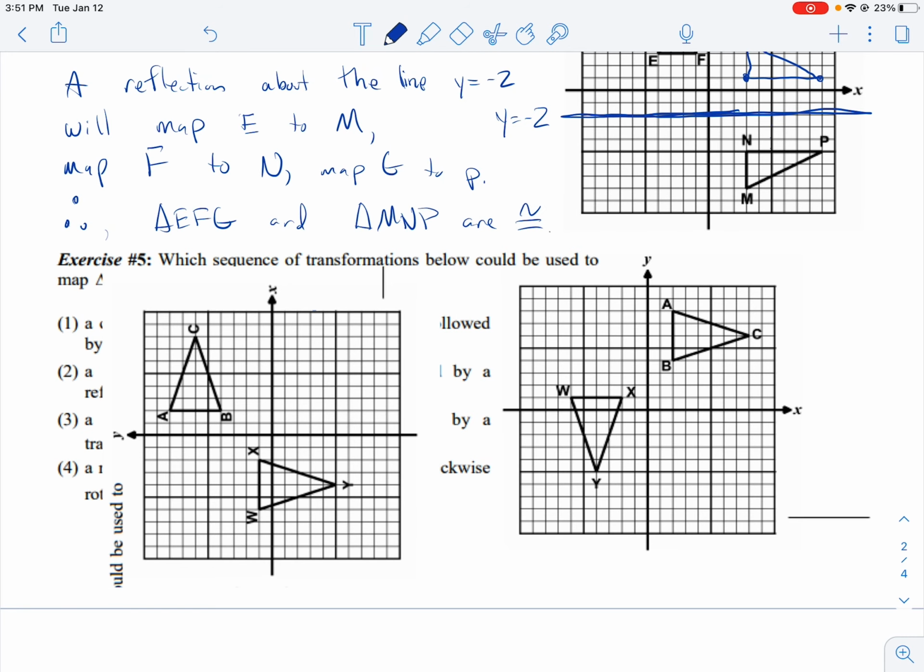It looks like we would have A there, B there, C, looks like it's going to be right here, right? Okay, so we're getting closer. All right. Well, let's see what our options are.